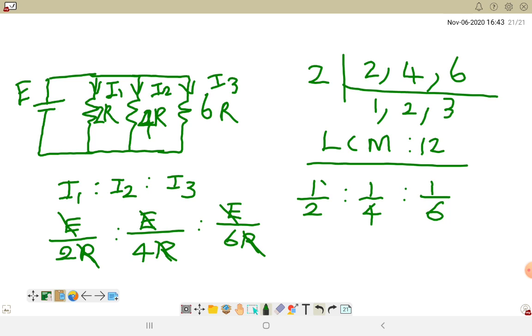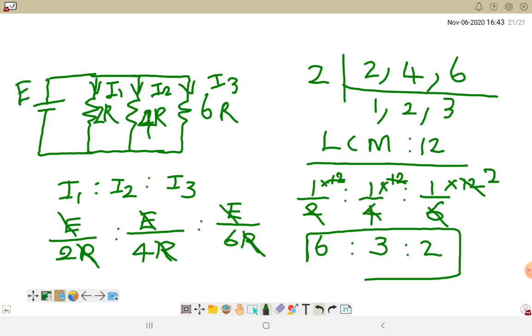Now multiply each with 12. 12 and 12. So what is the answer? First 6, here 3 and here 2. So the ratio between the currents are 6 is to 3 is to 2. That's all.